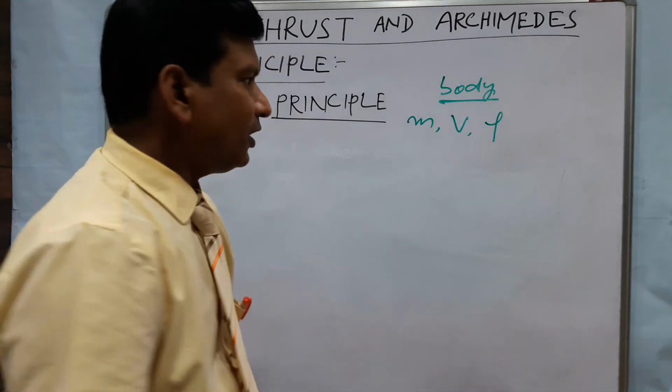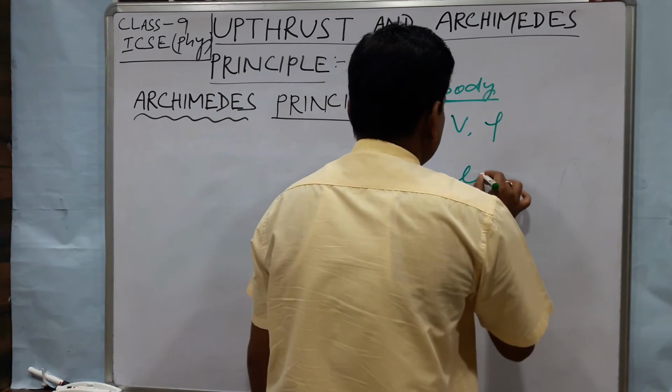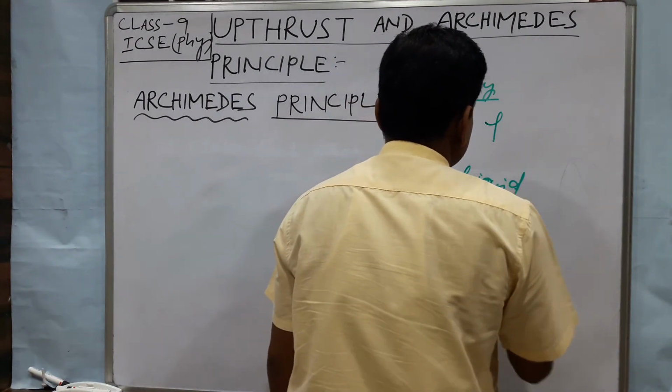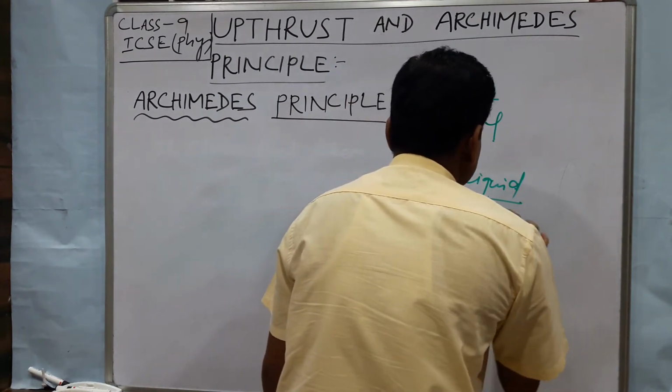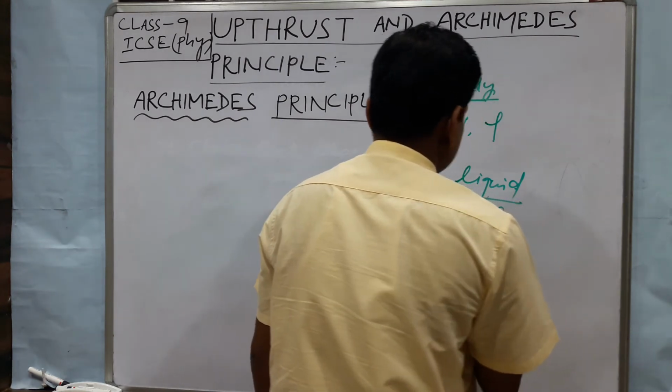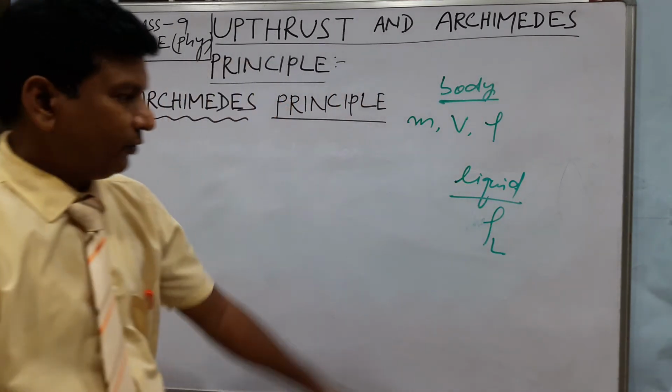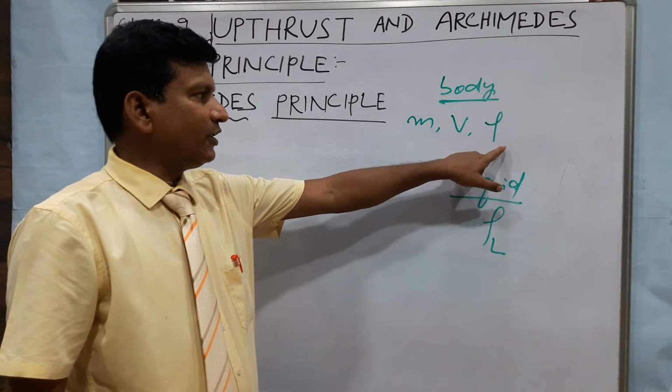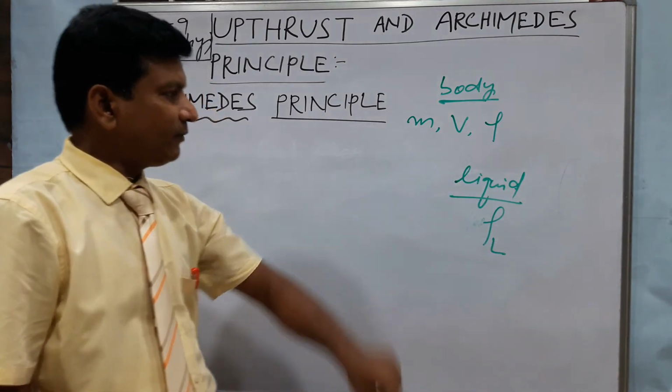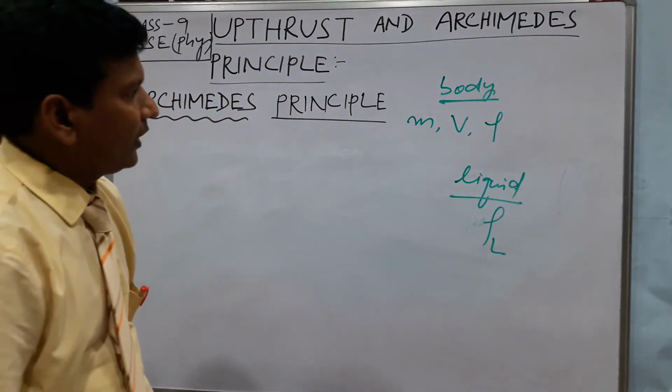Say the density of the liquid is rho L. Now for the liquid we are taking density equals rho L. So density of the body is rho, whereas the density of the liquid is rho L.